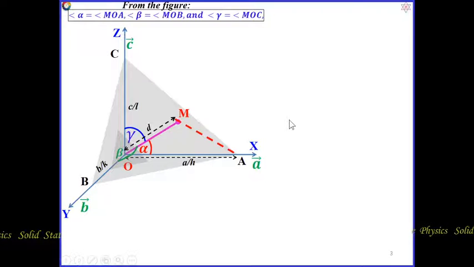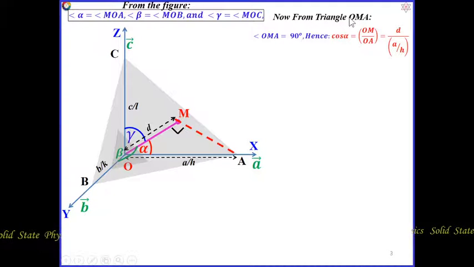Now if we join AM, this angle will be 90 degrees, because OM is perpendicular to the ABC plane. From the triangle OMA, this is 90 degrees, this is alpha, hence cos alpha is OM by OA.